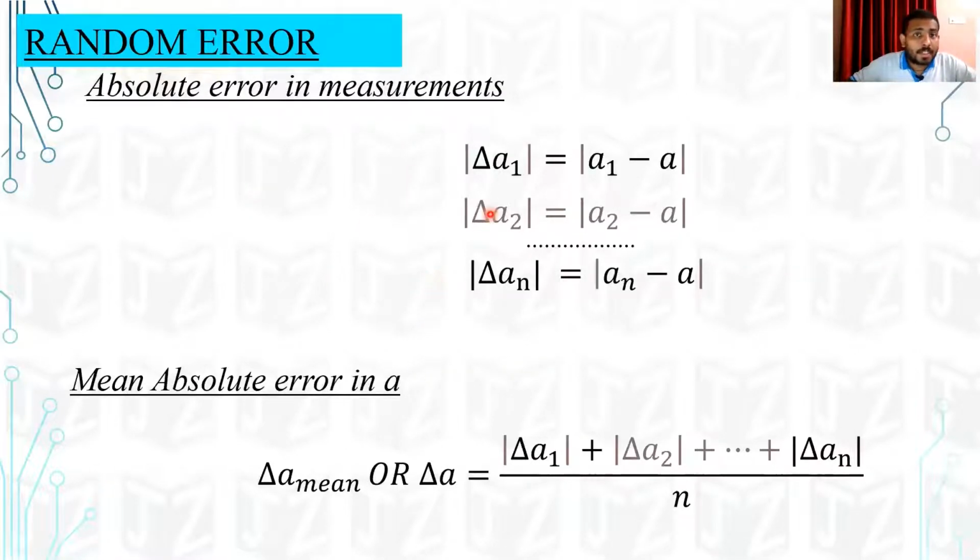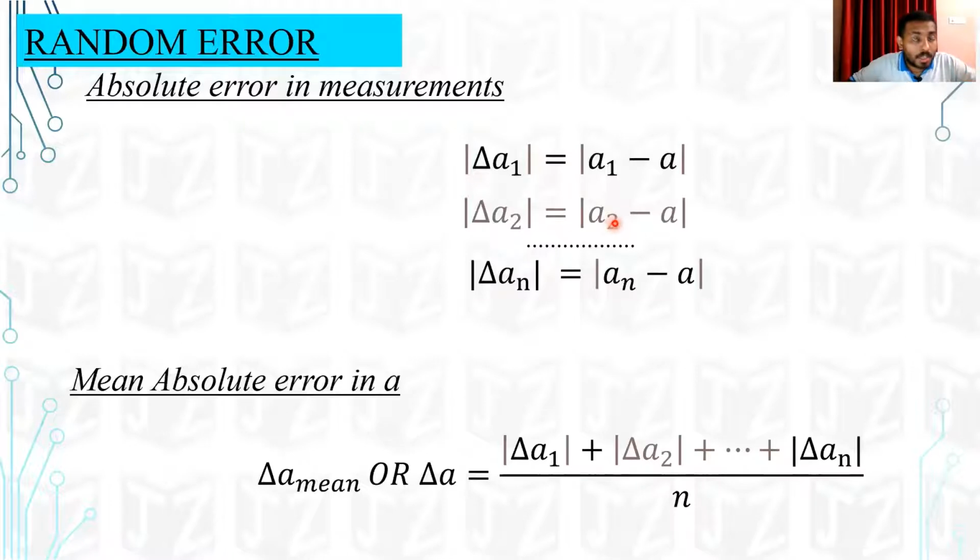The absolute error is obtained by taking the modulus of that difference. For example, the absolute error in the first measured value, modulus of delta A1, is equal to modulus of A1 minus A. By taking the modulus, we get the magnitude of the error. Similarly, for all the measurements, we will find out the absolute error.